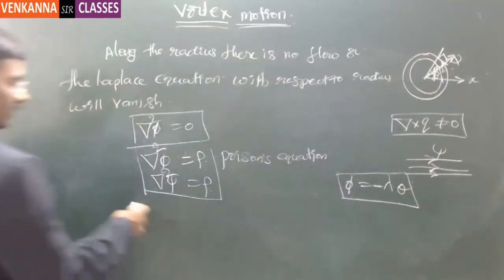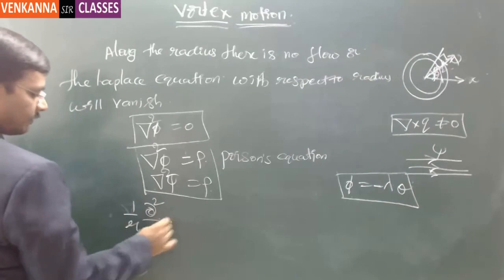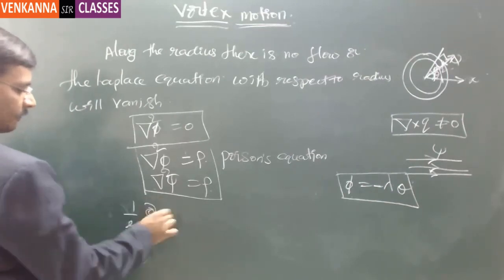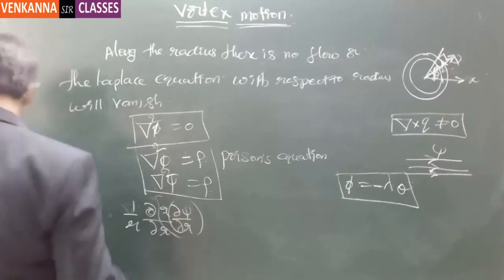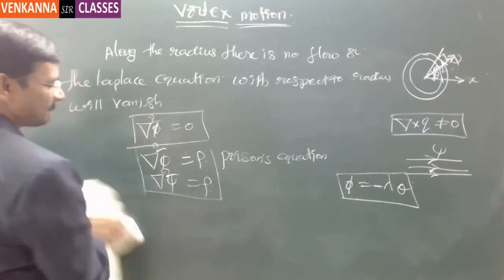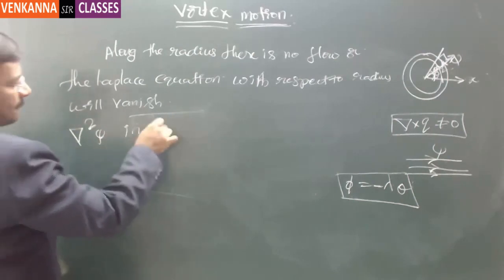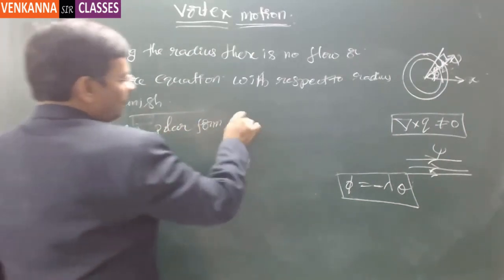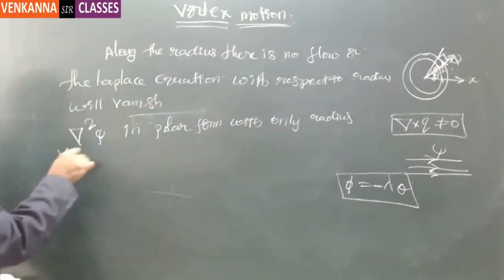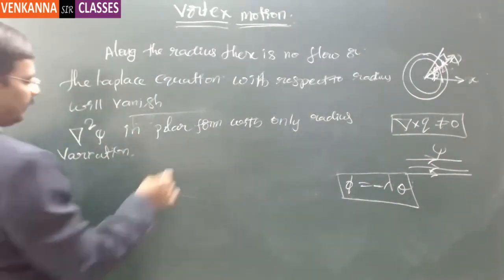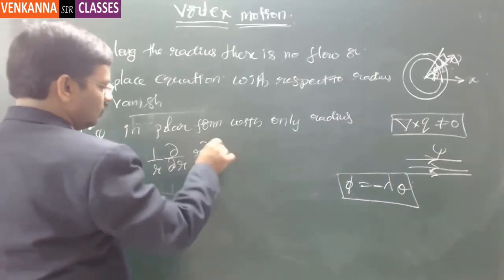So the Laplace equation, del square psi in polar form with only radius variation, will be dou by dou r of 1 by r times r into dou psi by dou r.